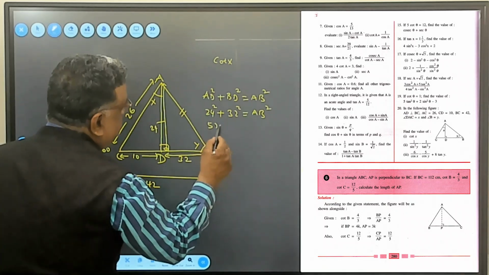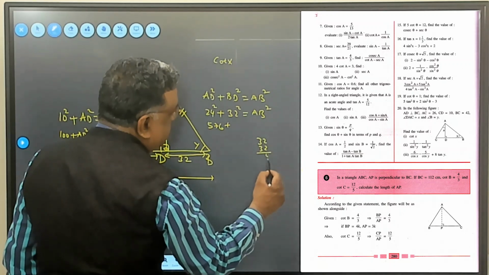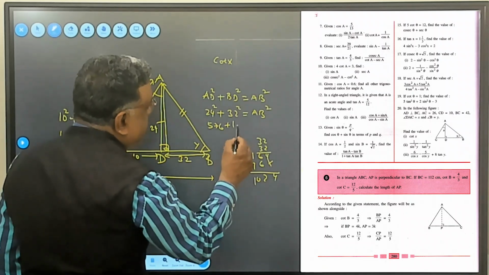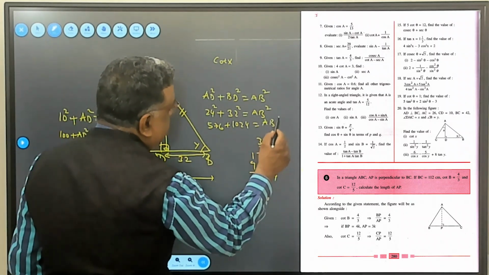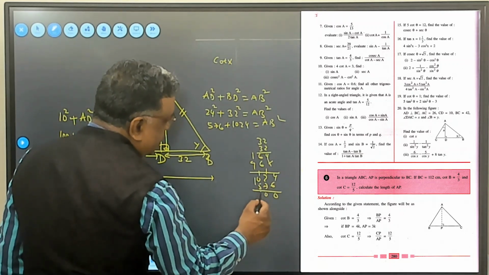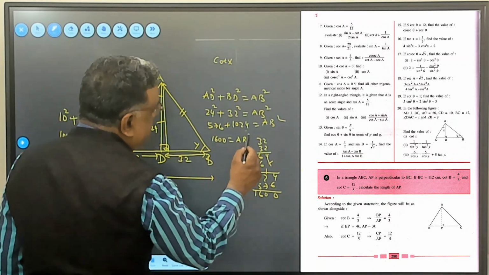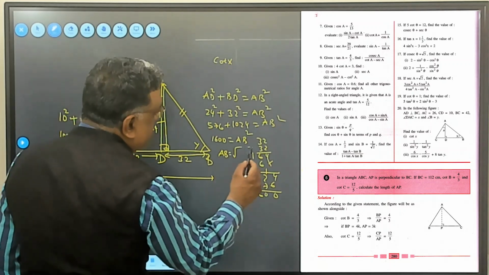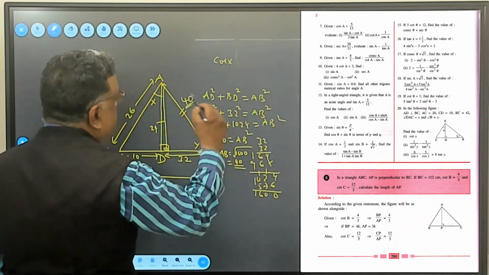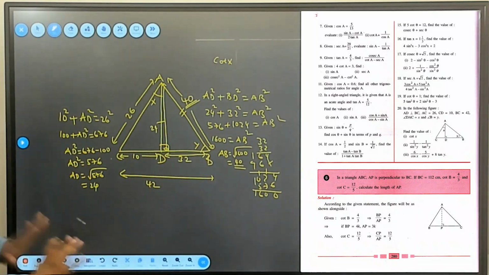So this is 576, and 32 square, if someone doesn't remember, just simply do this, is 1024. So AB square is 576 plus 1024, which will become 1600. So 1600 is AB square, which means AB is square root of 1600, which is 40. So I could find AB also. So this AB is 40. Now I got all the sides with the information I was given in the sum.